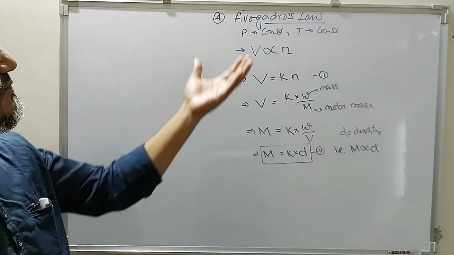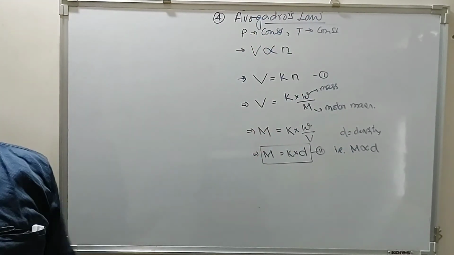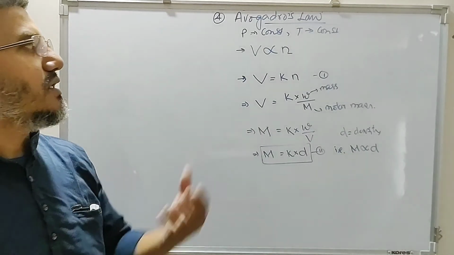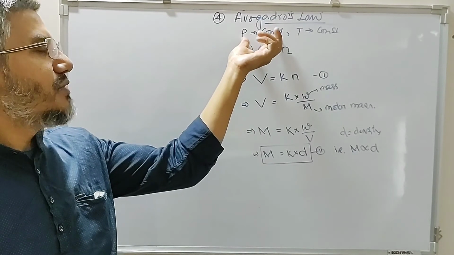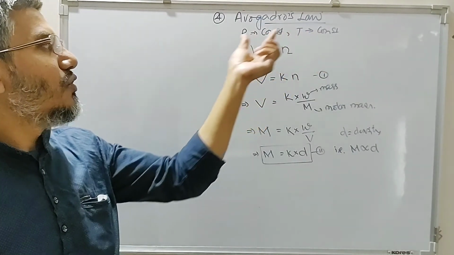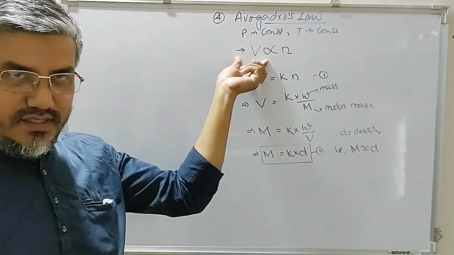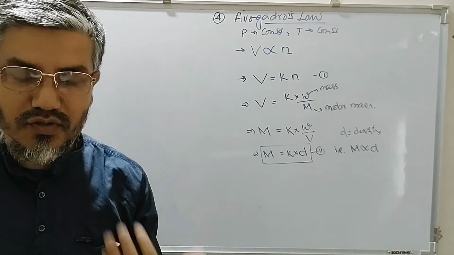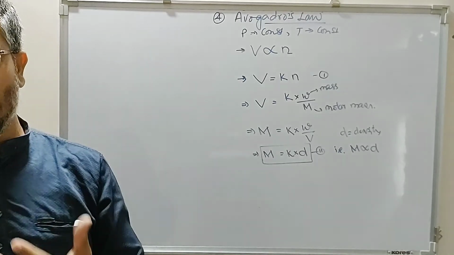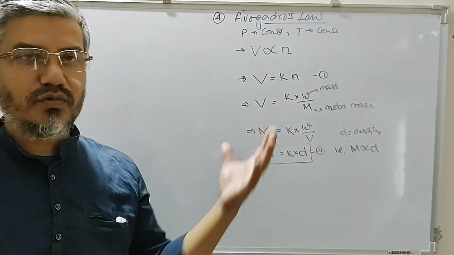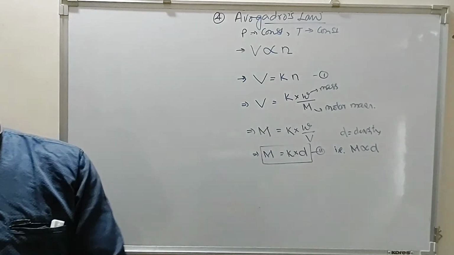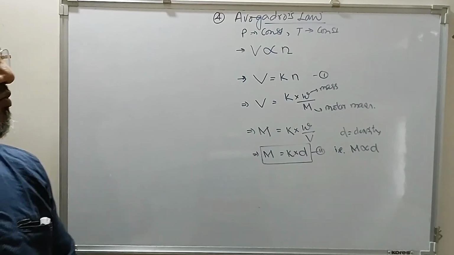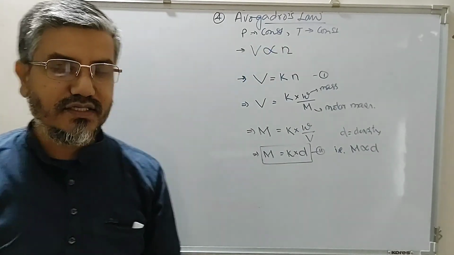The most common statement that we often find in the books is at given pressure and temperature, volume occupied by the gas is directly proportional to the number of moles or the number of molecules. So more is the number of molecules, more will be the volume occupied. Less is the number of molecules, the volume occupied by the gas will be less.